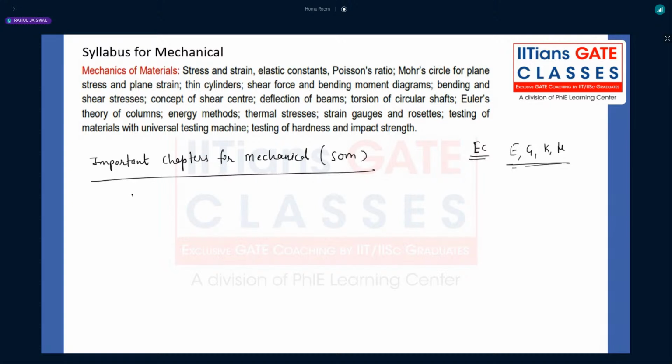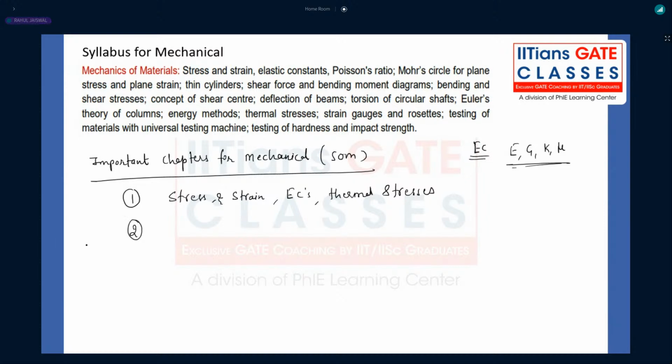Very, very important is the first chapter, stress and strain, elastic constant, thermal stresses. Almost every year you will see at least one question from this topic: stress, strain, elastic constant, and thermal stresses.